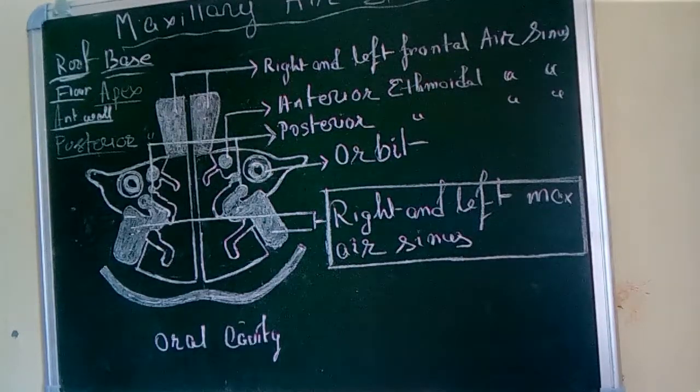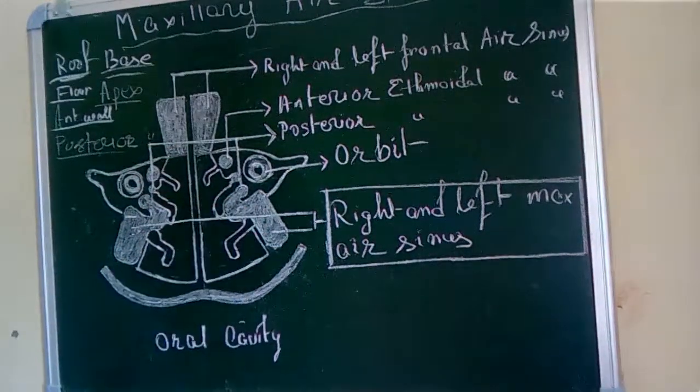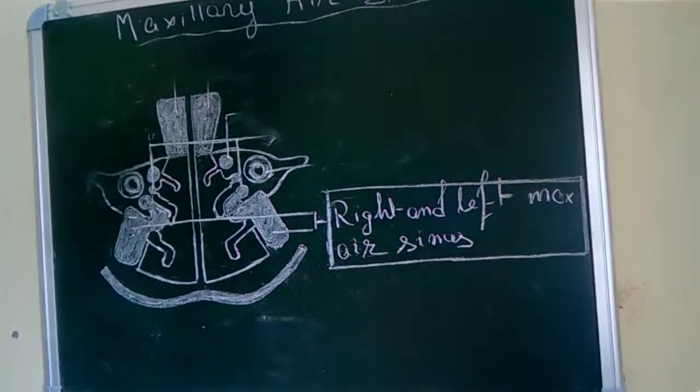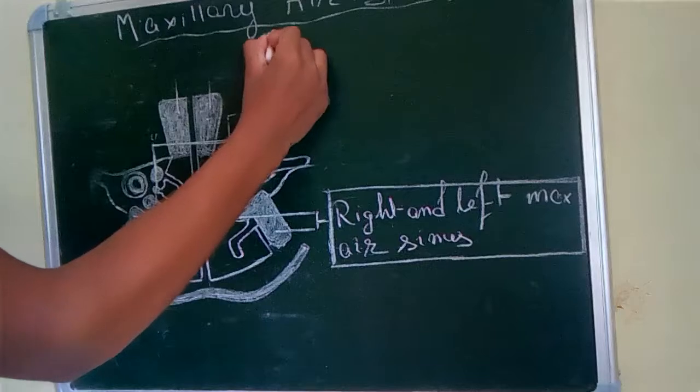Now the arterial supply and nerve supply. I will first discuss the arterial supply of the maxillary air sinus.